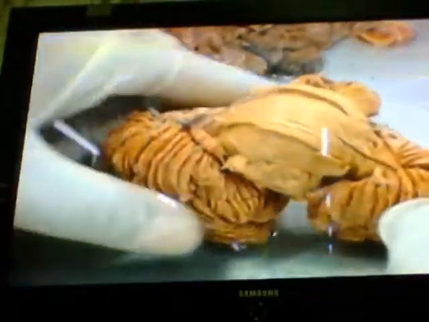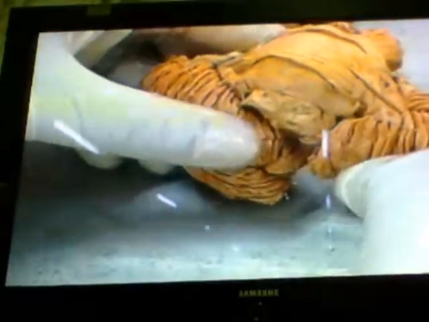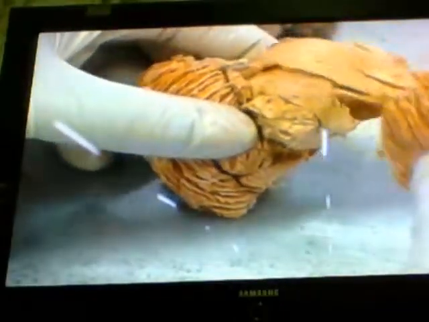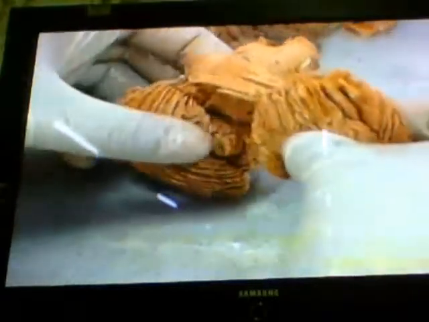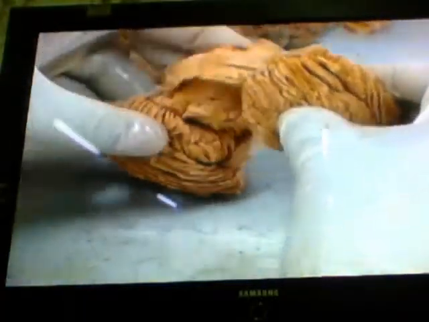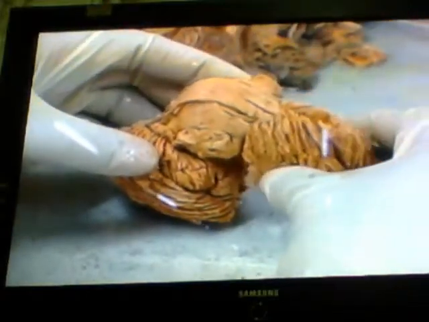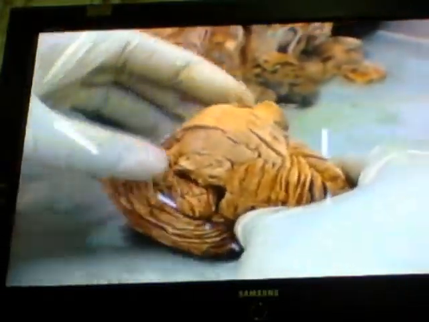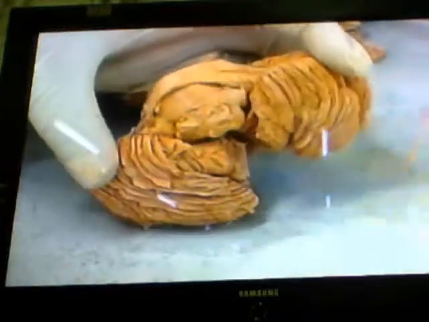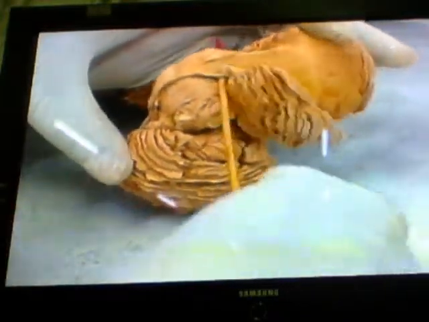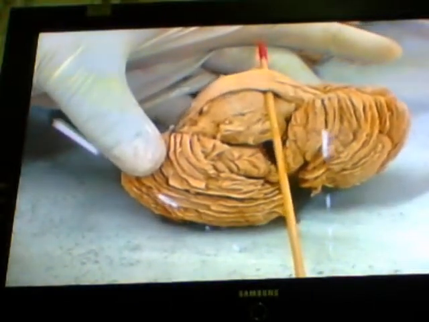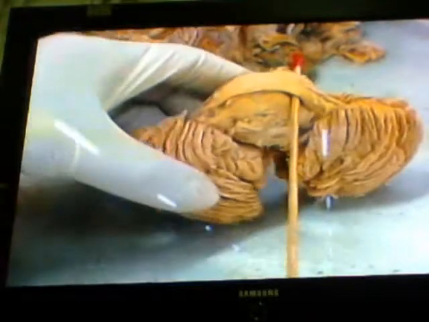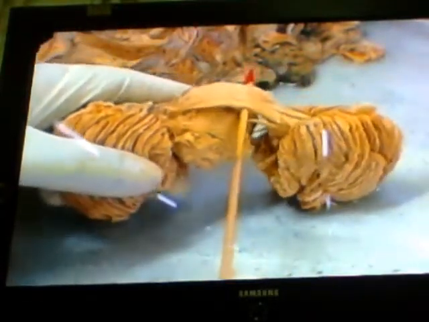Now, look at this. I want you to tell me what these are, in the middle right there. What is resting on top of this thing here?